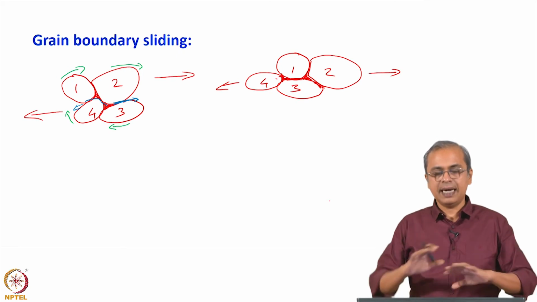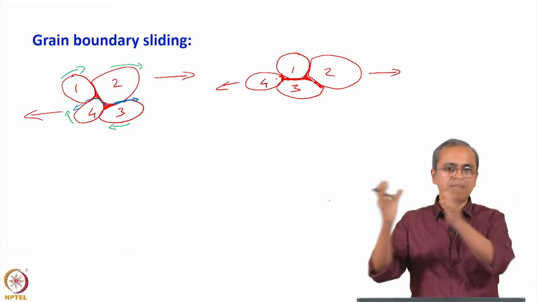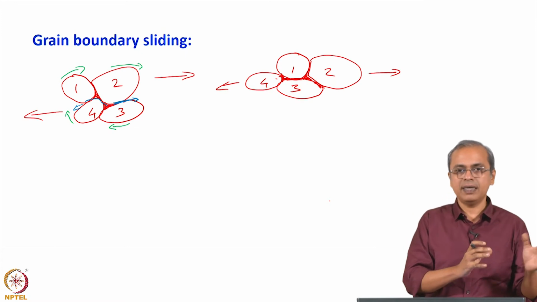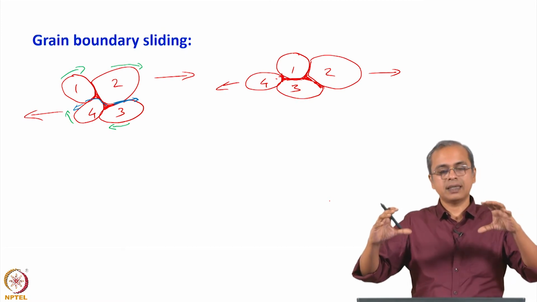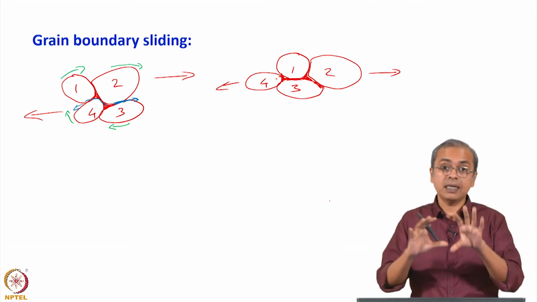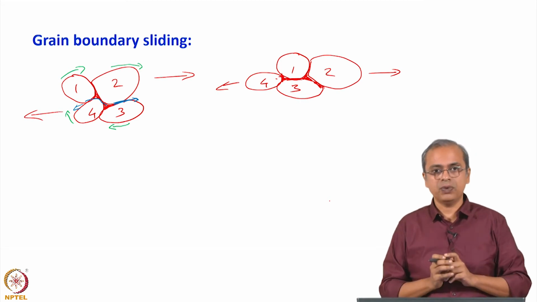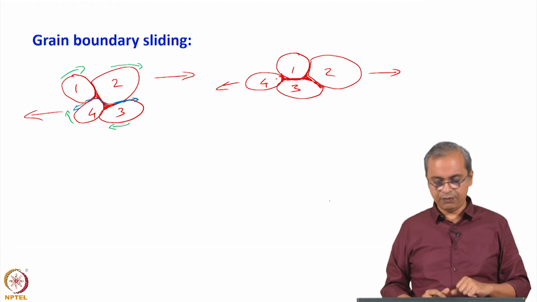As a result, a bunch of grains have shifted one way, a bunch of grains have shifted the other way, and overall material has moved internally in the sample, and because material has moved internally, you see an external deformation.